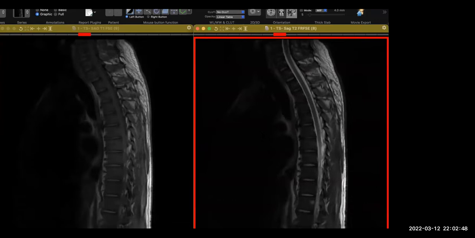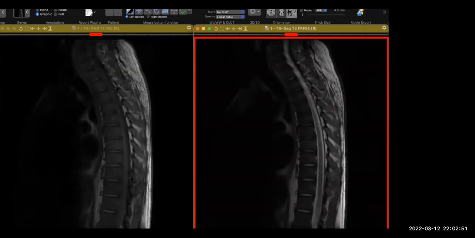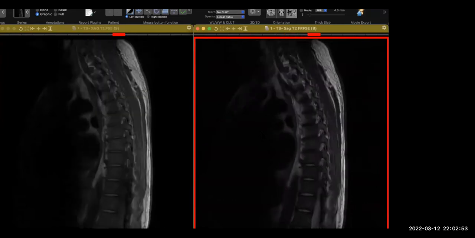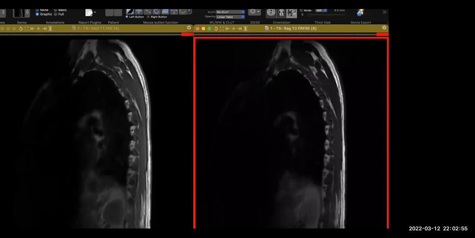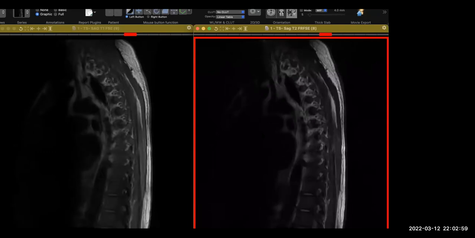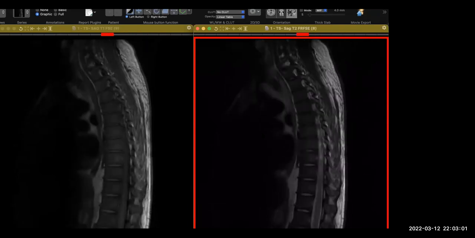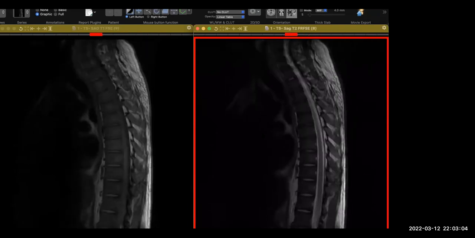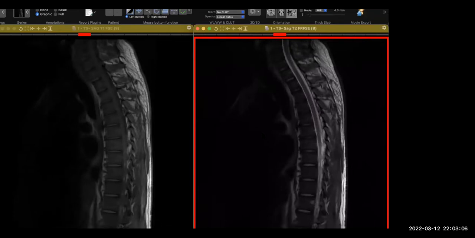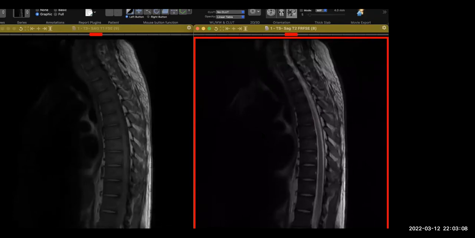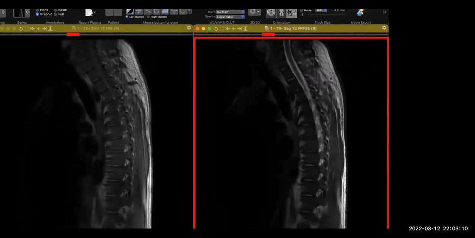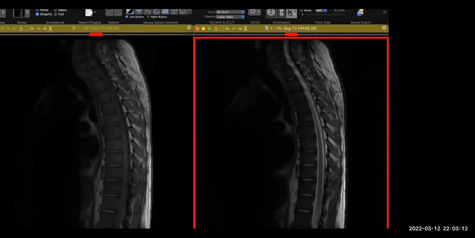I have been provided with sagittal T1 and T2 images of the spine. I am just scrolling through the images to look for any obvious abnormality. The bone marrow signal appears normal.